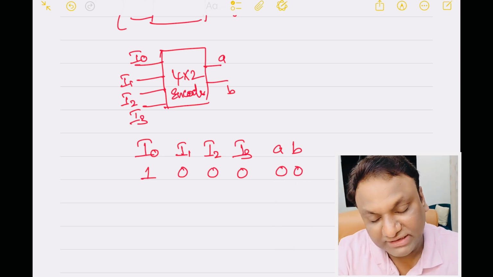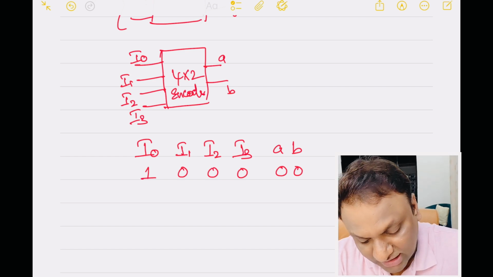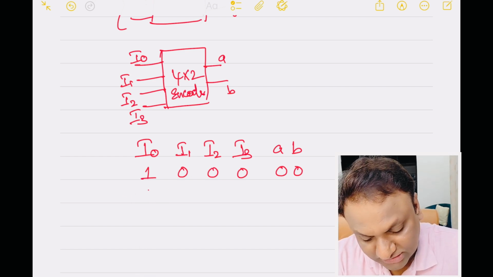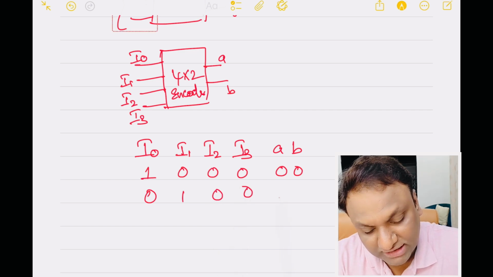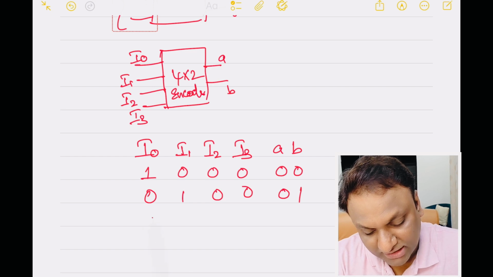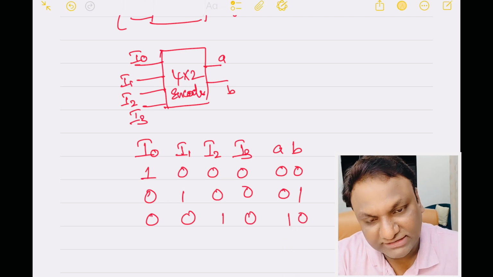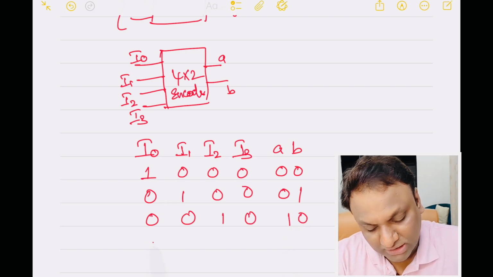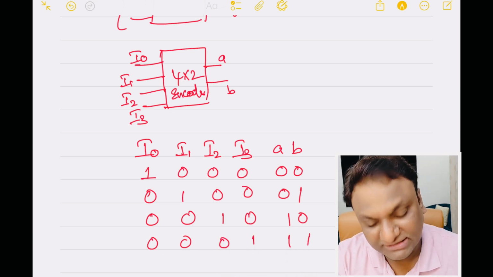That means for this particular input condition only, the output is defined as 0, 0. When the inputs are 0, 1, 0, 0, that is I1 equal to 1, the output A and B will be 0, 1. When I2 is equal to 1 and the rest of the inputs are 0, the output is 1, 0. Similarly, when I3 is equal to 1 and the rest are 0, my output will be 1, 1.